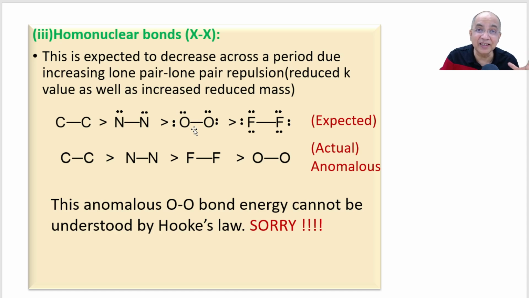The stiffness reduces because of repulsion, so the K value also decreases. So there is a cumulative effect. K value in the numerator decreases due to the increasing number of lone pairs, and at the same time, mu increases due to increase in mass. So that makes the bond energy drastically decrease.